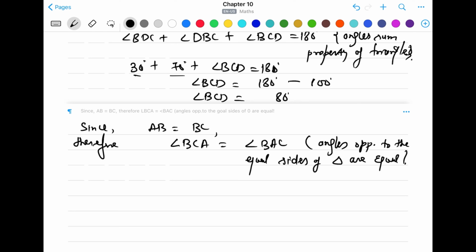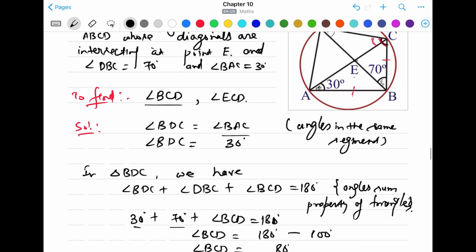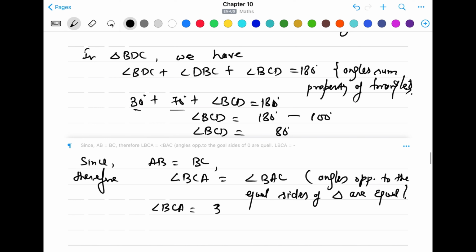We are given angle BAC as 30 degrees, so angle BCA will also be equal to 30 degrees.